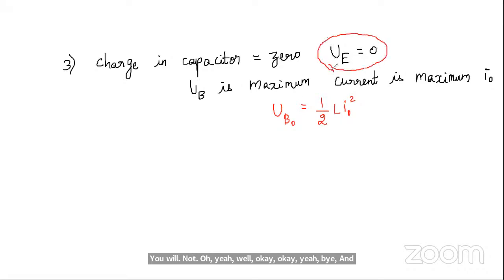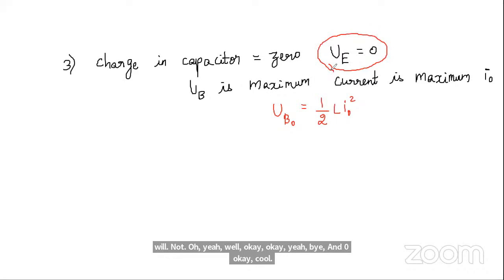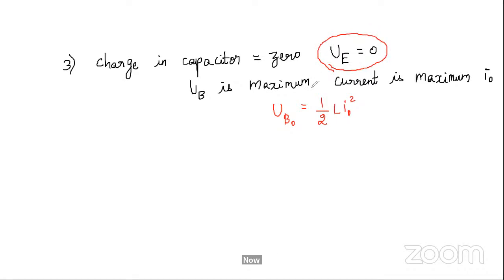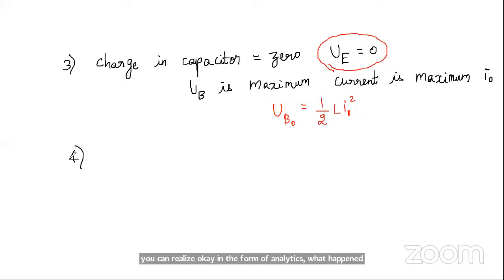So now you can realize that the total energy oscillates between electric and magnetic field. Now the total energy is stored in the form of magnetic field. After some time, what happens? Now there is no charge on the capacitor and it is exhausted.